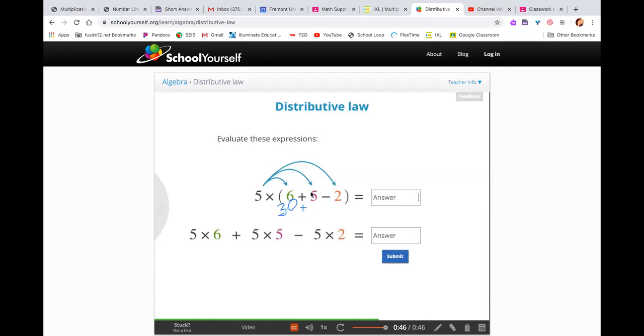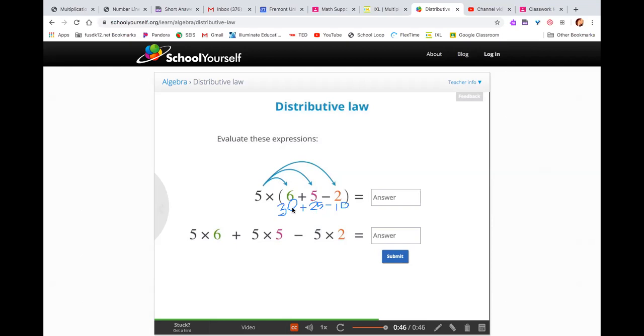Now 5 times 5 is 25. I bring down my minus sign in the exact same place. And then 5 times 2 is 10. And then we simplify it because it's all addition and subtraction now from left to right.